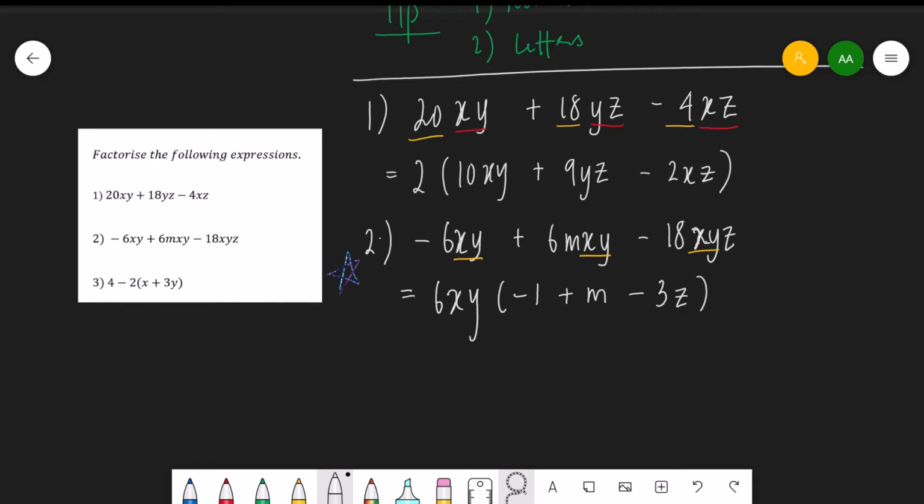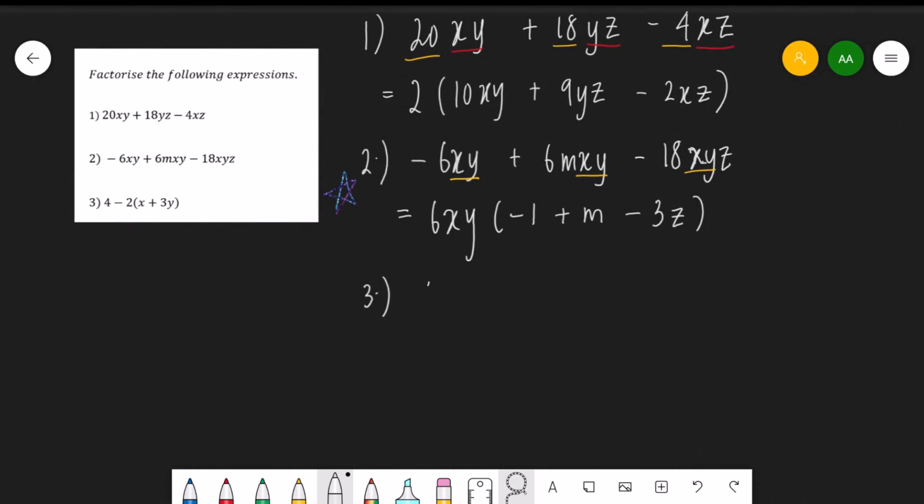Let's look at number three. Slightly different. We have 4 minus 2 bracket x plus 3y. In the previous tutorial we did have an example with two brackets, but this time we only have one bracket. So this is another important example for you all to take note of.